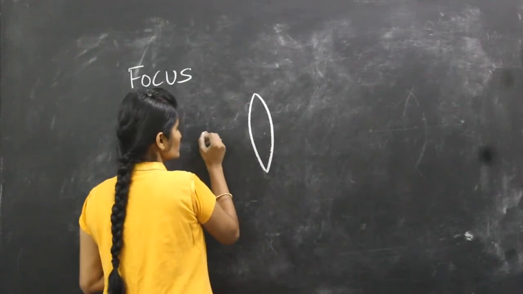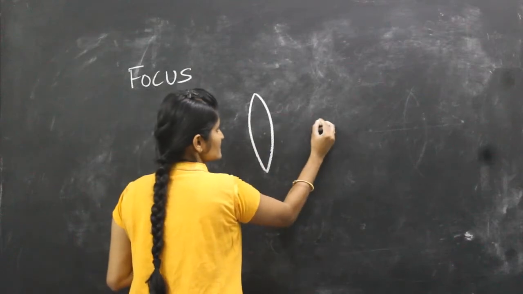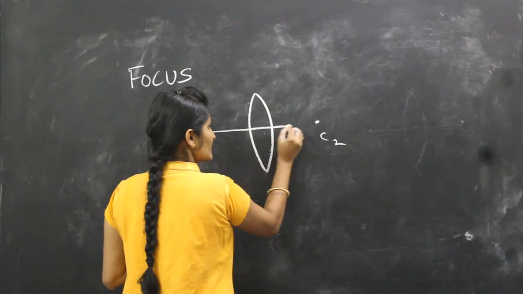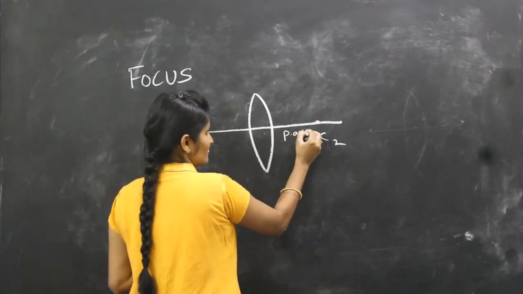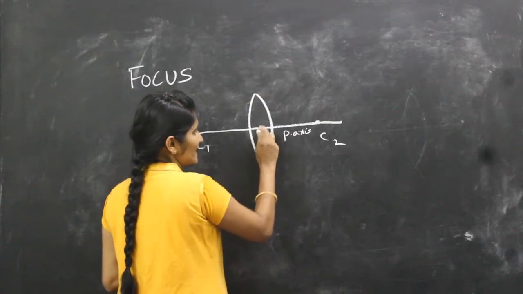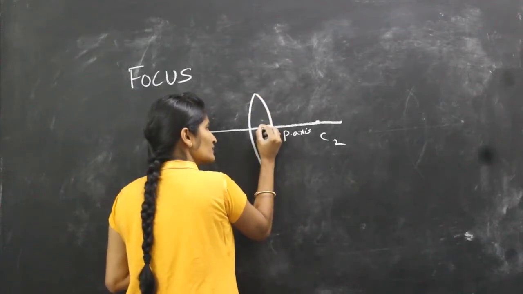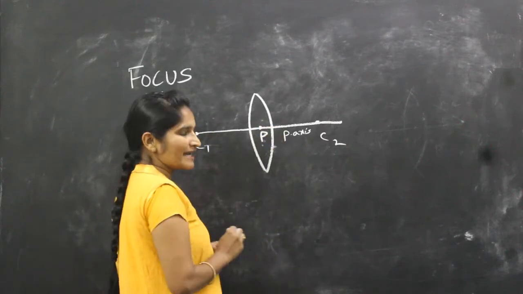Consider this as C1 and this as C2. The line passing through C1 and C2 is called the principal axis. And the midpoint of the lens is called the optic center, and it is represented by P.